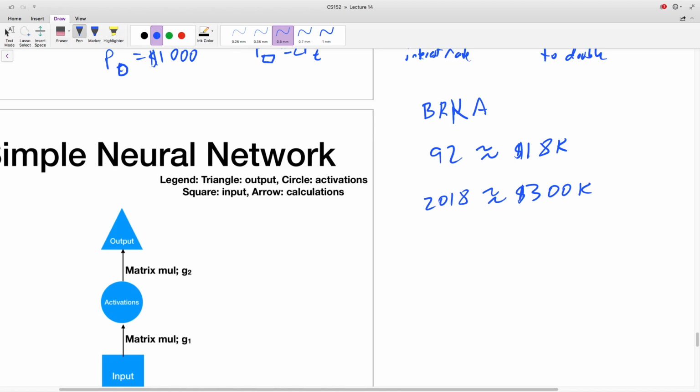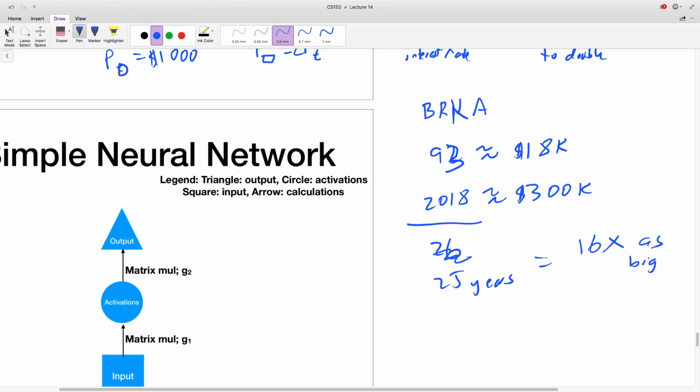What is the growth rate per year of this, roughly? 2018 minus 92 is how many years? 26? Actually, it was more like 93, let's say, so 25 years. And how much bigger has it gotten, approximately? Approximately 16 times.